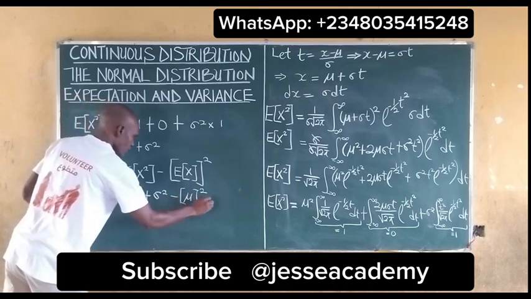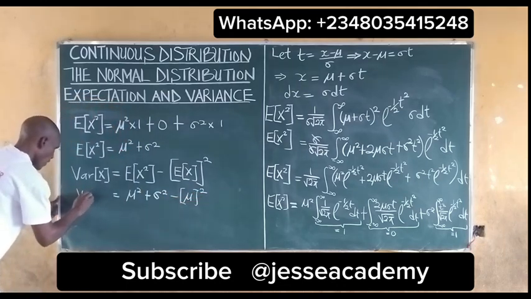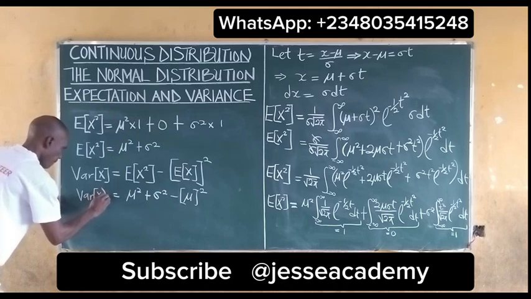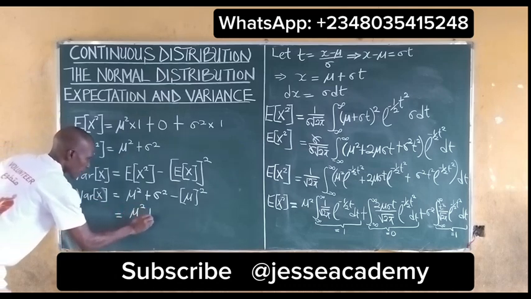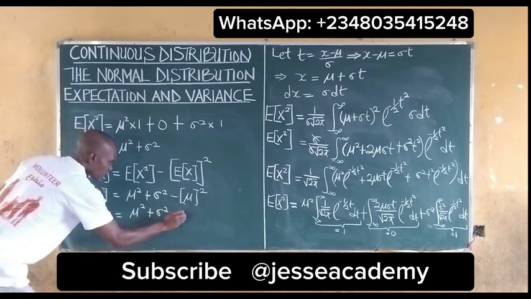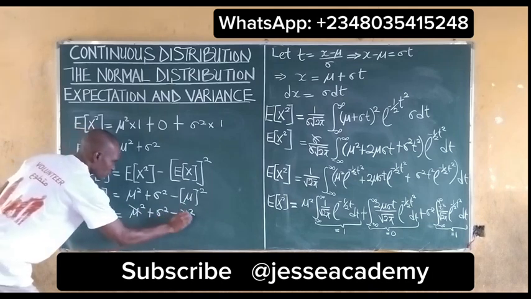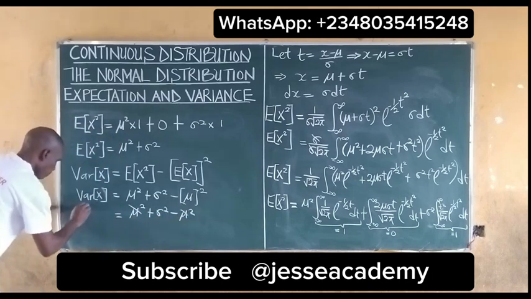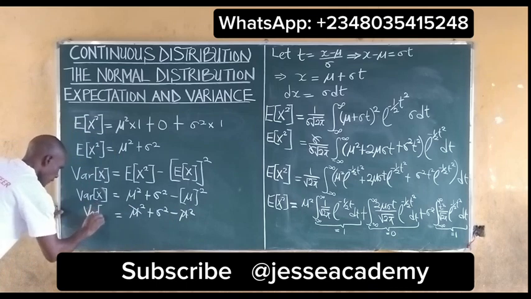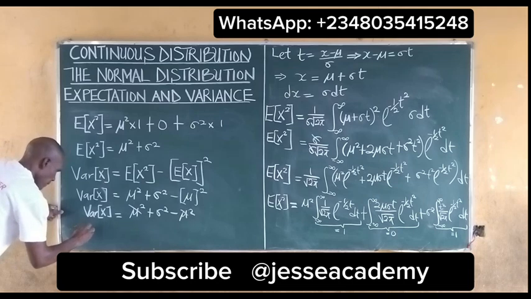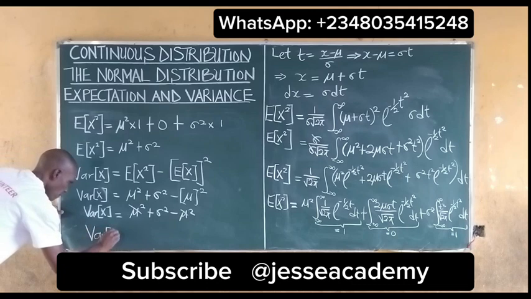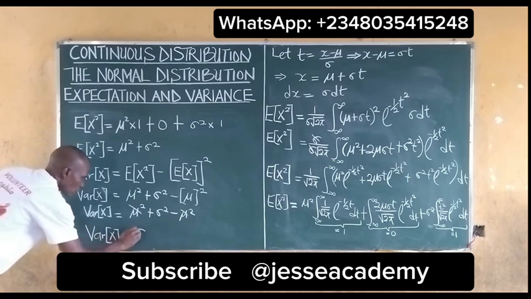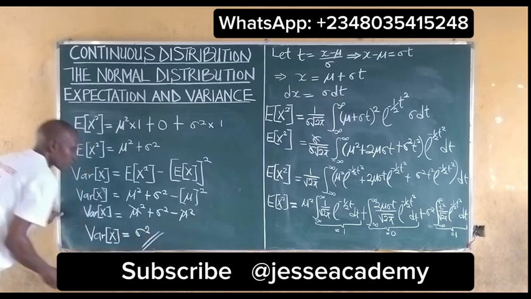So, of course, our variance of x will be equal to mu squared plus sigma squared minus mu squared. So this will cancel this. It then means that our variance of x is equal to sigma squared.